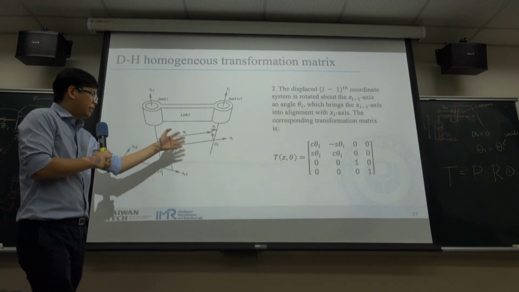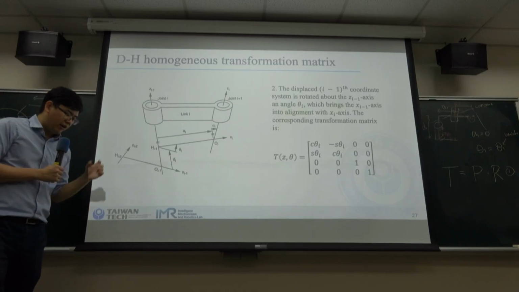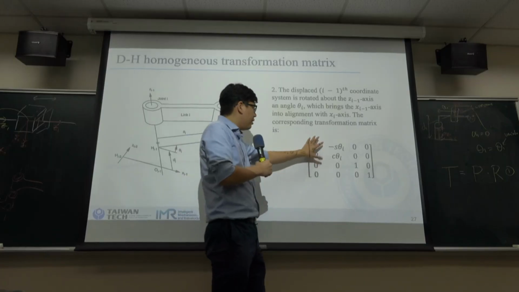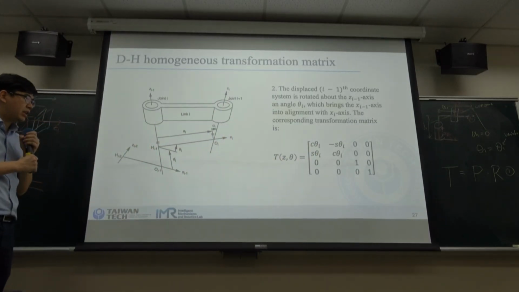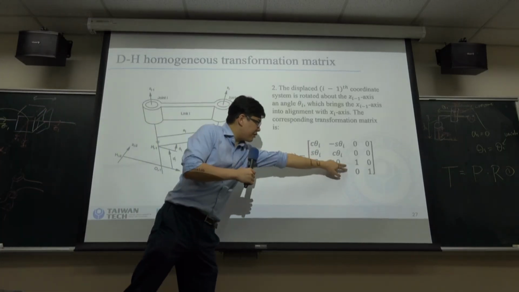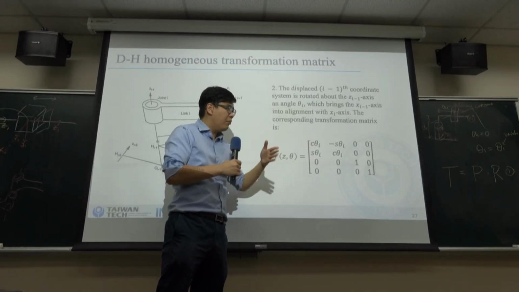So before doing this kind of DH method, I really like to let you understand the meaning of the rotation matrix before directly going to the forward kinematics. So if we see this rotation matrix, we know that it rotates theta degrees about the z-axis.